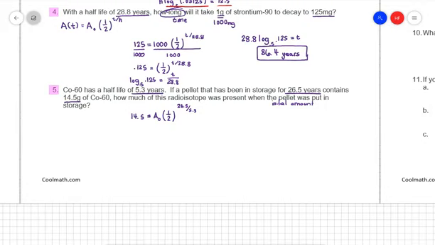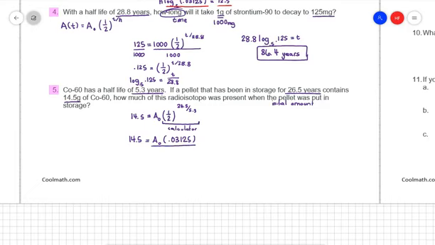So we're going to go ahead and put this into the calculator. We're taking 1 half to the power of 26.5 divided by 5.3. So that gives me 14.5 equals A naught times 0.03125.